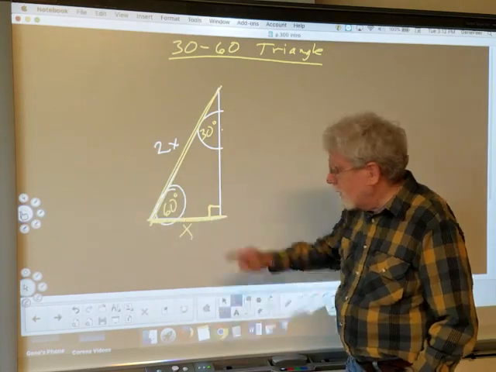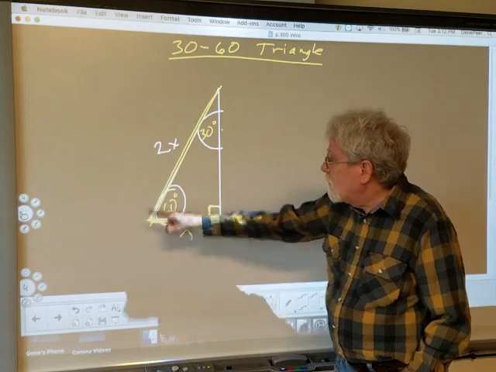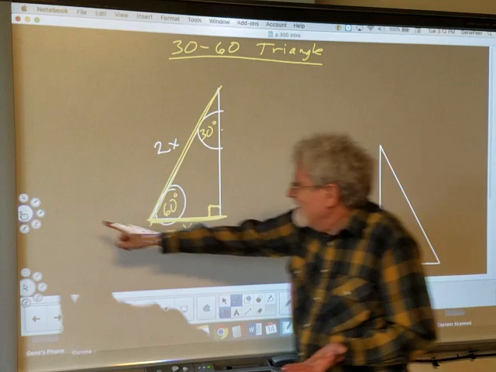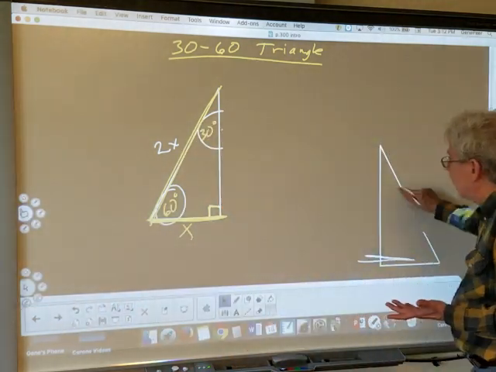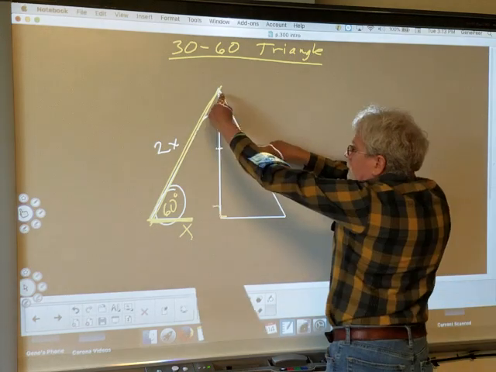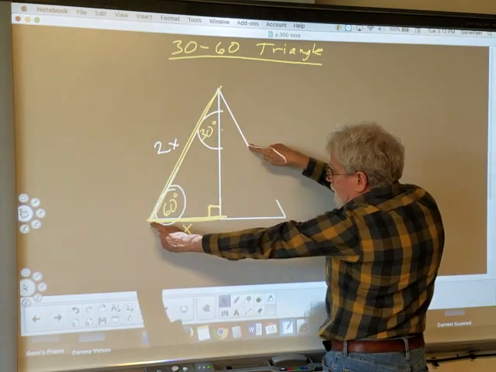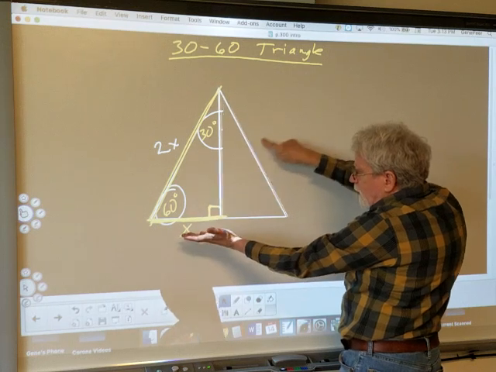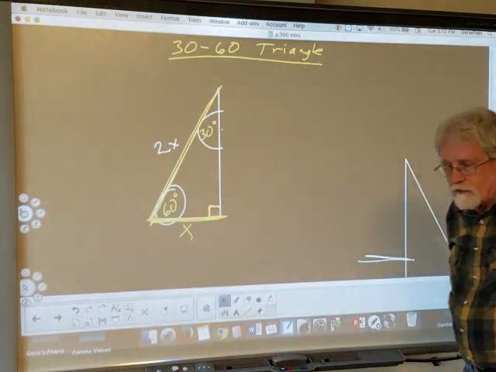If you know the short leg, all you have to do is double it to get the hypotenuse. That's so cool. Why? Because a 30-60 triangle is nothing more than half of an equilateral triangle. So of course this must be twice as long as that, because it's just half of an equilateral triangle.